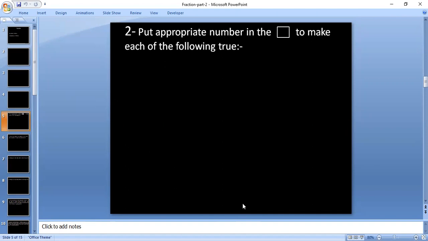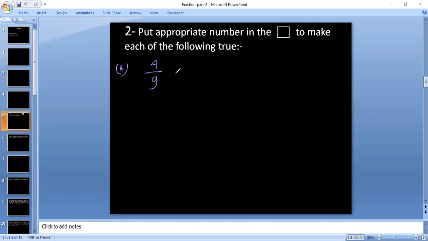Here we discuss each question. Number 2: put the appropriate number in the box to make each of the following true. I will do them one by one.